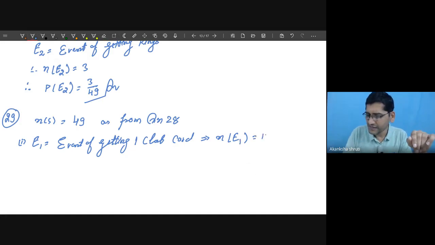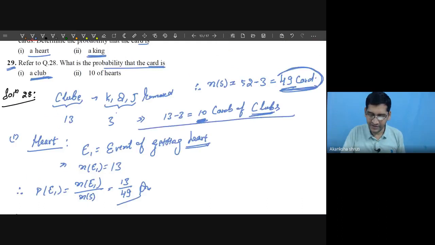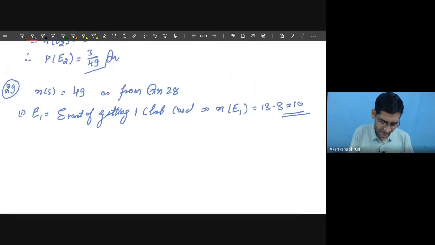This is obtained by 13 minus 3 removed cards, the 10. This 10 I had explained here. You can understand this. Okay? The same 10. Therefore, the event of this club will be 10, and this 10 means any one of these 10 that we can get, and the number of the cards present is 49. So it is this much.